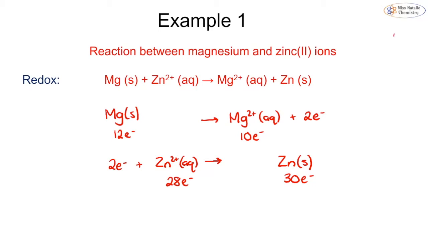Now I just need to use my mnemonic OIL RIG to tell me what has been lost and what has been gained, and we can see that the magnesium is losing electrons, so the magnesium is our oxidation, and the zinc is gaining electrons, so that is our reduction.